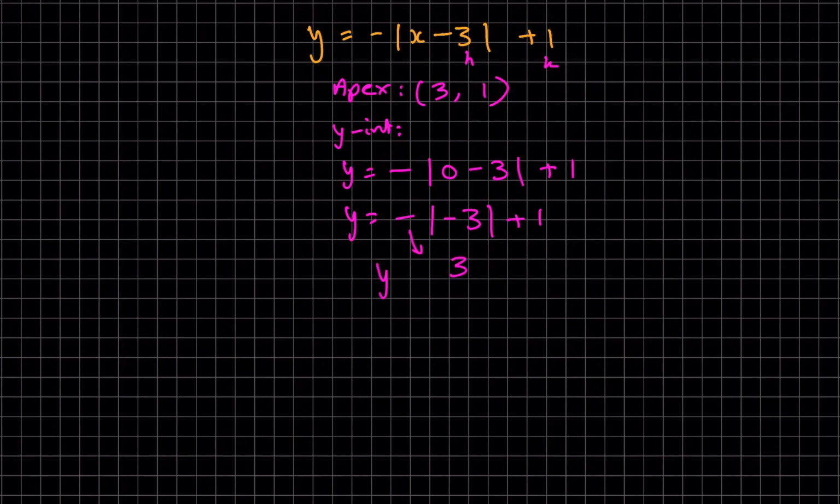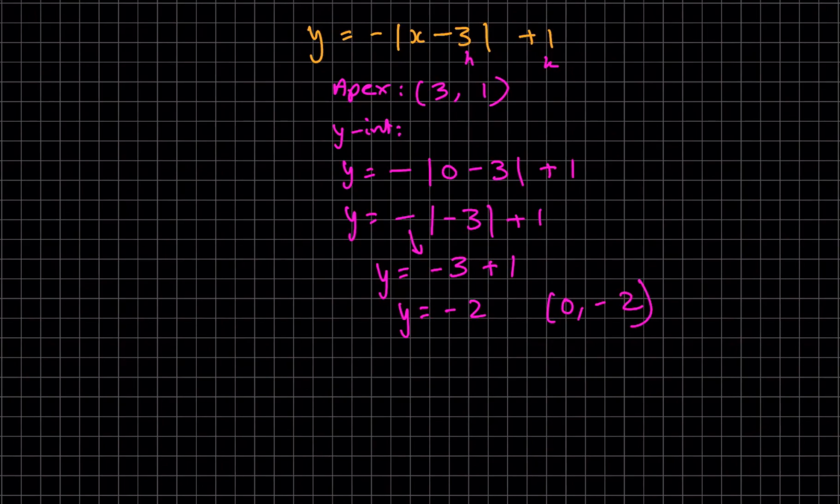So because this negative was out the front of the modulus, this is why we can obtain negative 3 as our calculated term in this area. So negative 3 plus 1 would equal negative 2. So your y-intercept will be at 0, negative 2.